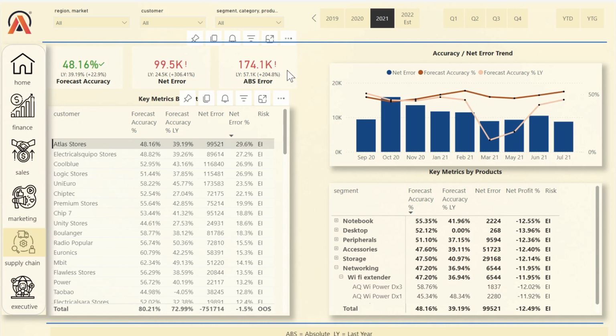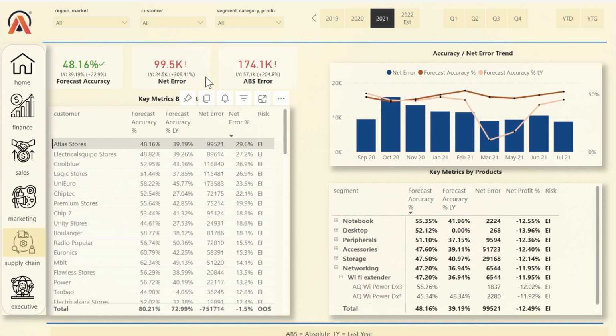Talking about the absolute error, it is basically the difference between the forecast quantity and the total actual sales quantity, but it has to be at a more granular level. So it has to be based on a particular time frame. It could be weekly, monthly, and it has to be based on the unique particular product.